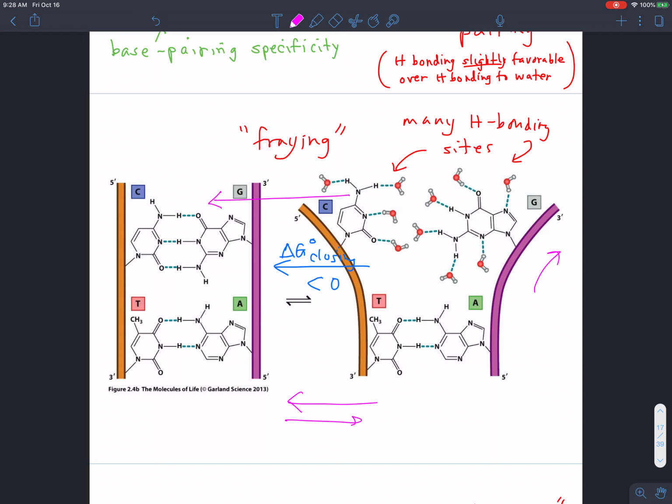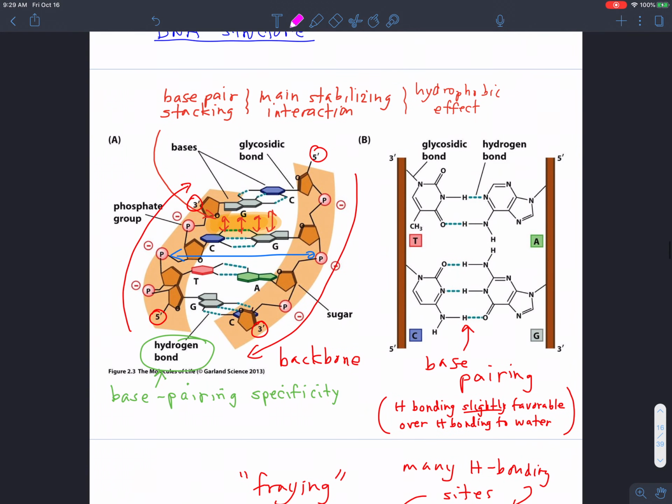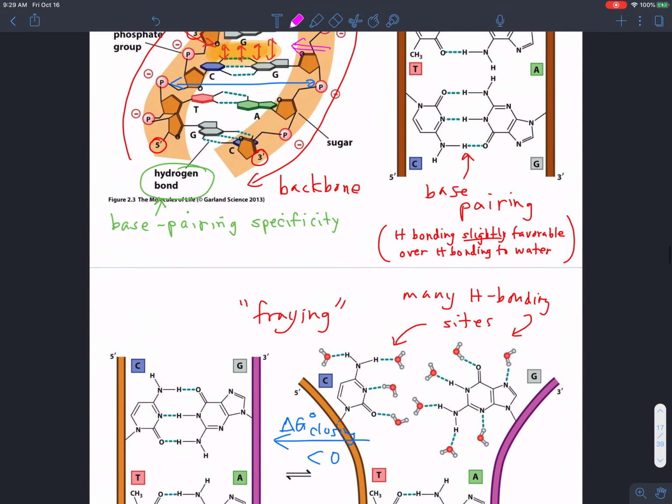It's just not very favorable. It's only weakly favorable. So yes, the hydrogen bonds do help hold the duplex together, but the main driving force is the stacking rather than the hydrogen bond formation.